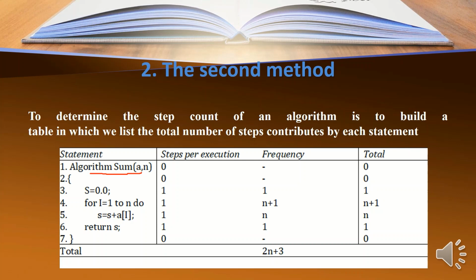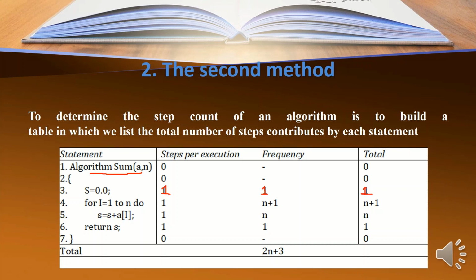Now this particular line in the algorithm executes once. Steps per execution is 1, and there is no for loop for this, so the frequency is 1, and 1 into 1 is 1. So the total is that many times.